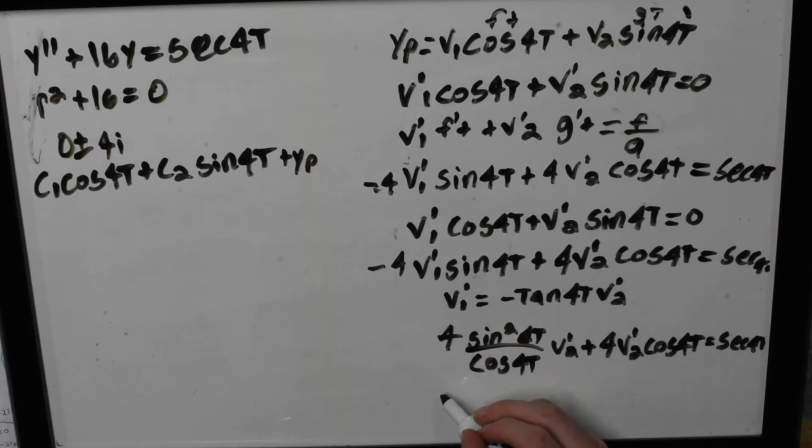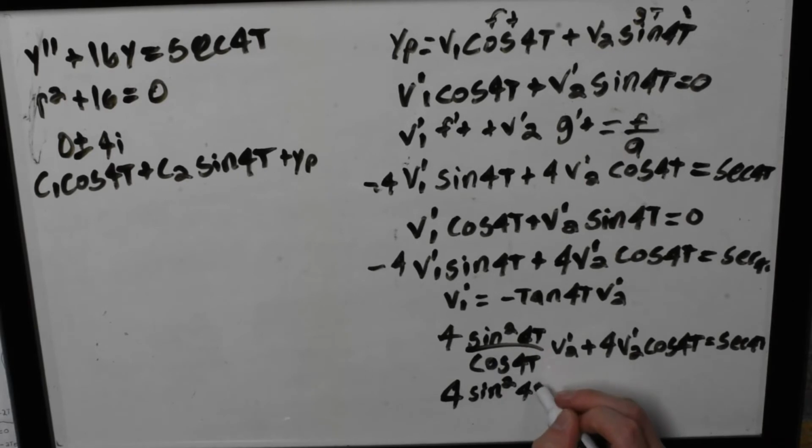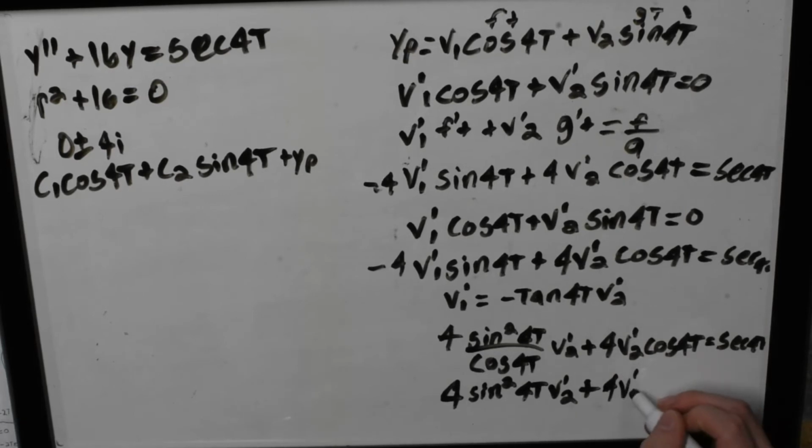So let's do that. Let's multiply by a cosine 4t on both sides. This cosine 4t will cancel. So we're left with 4 v prime 2 sine squared 4t plus 4 v prime 2 cosine squared 4t. Cosine times secant is 1.